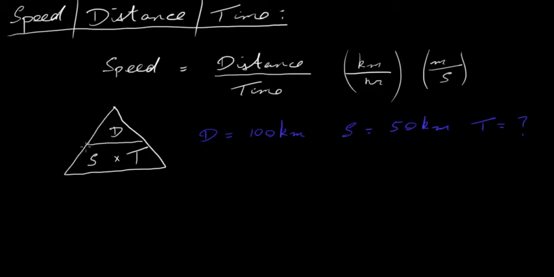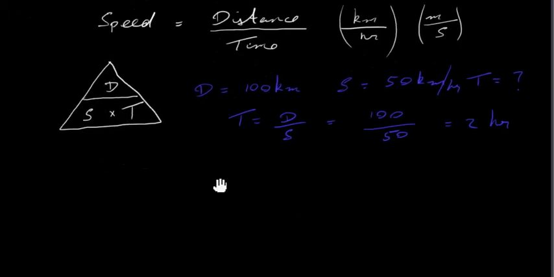Time is equal to distance divided by speed. Distance is 100, speed is 50, that gives us 2 hours. So if an object has to travel 100 kilometers at 50 kilometers per hour, it will take 2 hours.